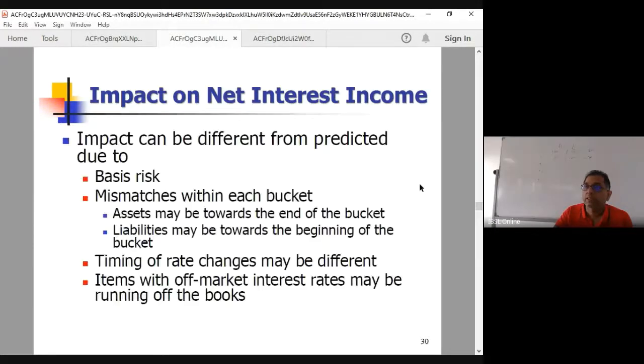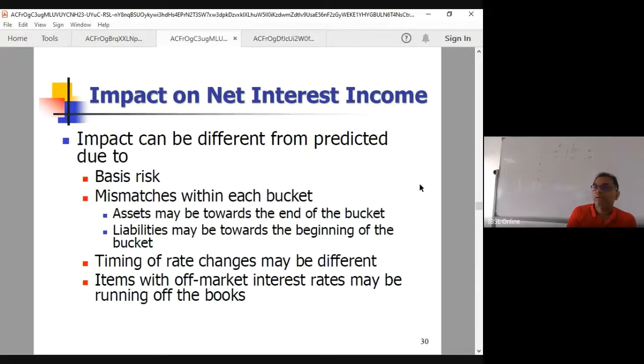Why are you looking at this? What you also got to understand is, although that is a very straightforward and linear way of looking at it, the actual situation could be very different. It depends on where exactly your assets and liabilities are in the buckets, the degree of mismatches within each bucket, and how the interest rates have impacted through the curve.